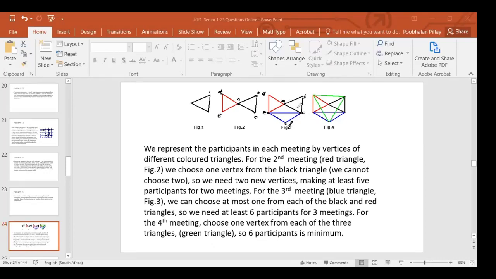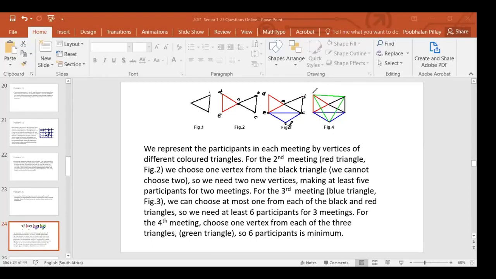So far, you got 6 people. And now, the point is, these 6 is quite sufficient. Because for the 4th meeting, all you have to do is to choose 1 from each of these colors, right? And there are 3 of them.